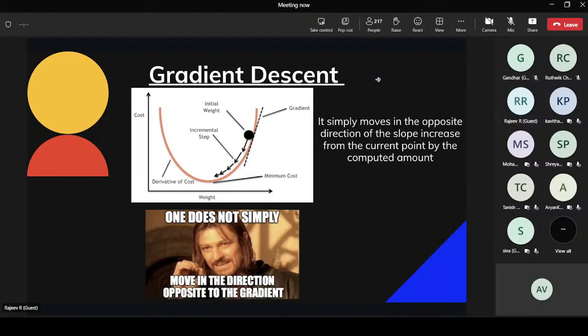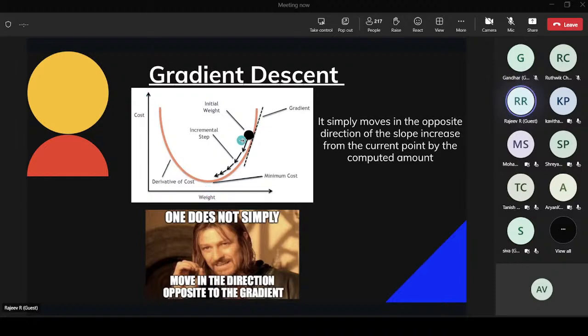So what gradient descent basically does is you place your variable. By variable, I mean your weight or your bias. One thing I want to add is that when we say optimizer, we try to change our weight or bias in such a way that it reaches the local minima that affects our loss function.